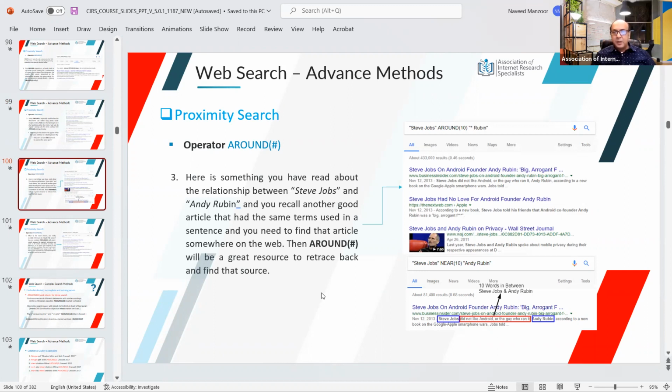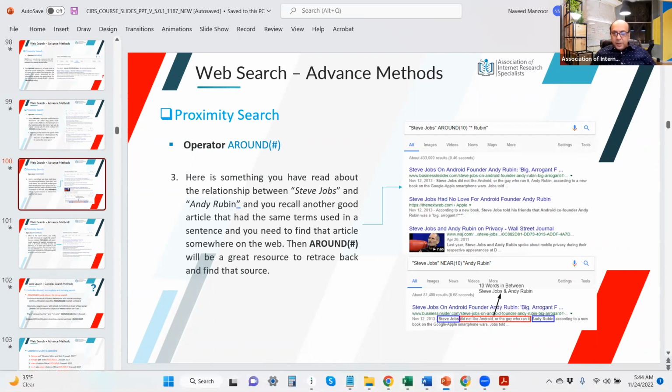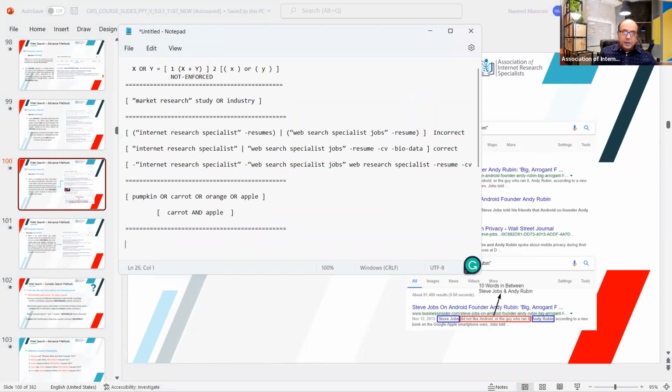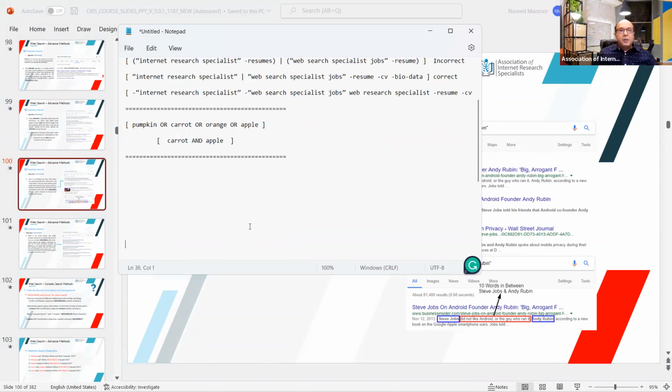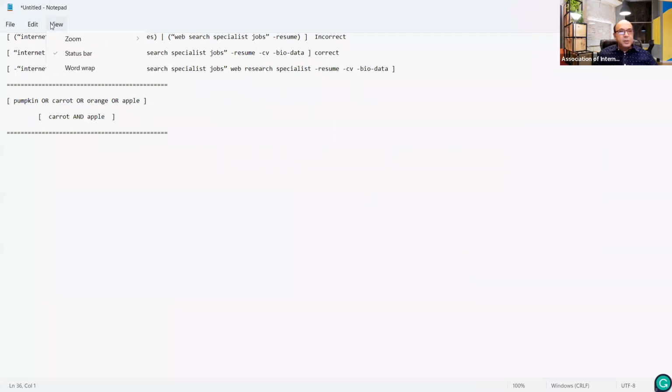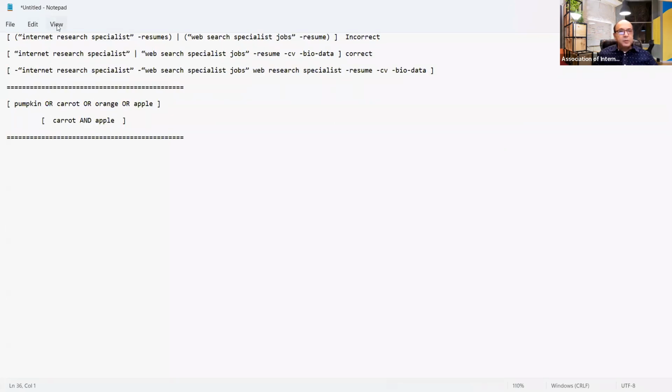I think this is easy. So if I want to explain the operator, I would approach it like this. I'm going to have to use the notepad most of the time with this. So let's just zoom it a little bit.